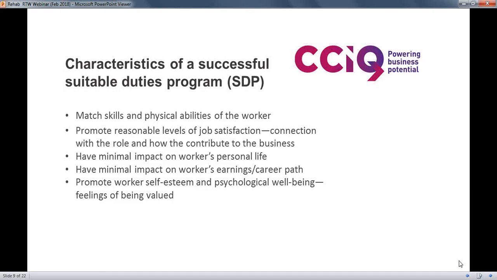And the benefits of a good one include that you're going to reduce the likelihood of aggravations or exacerbations. There's reduced claim costs because you're on a path with a timeline for recovery, which obviously may change due to the nature of the injury, but at least there is a focus on repair and returning to work.